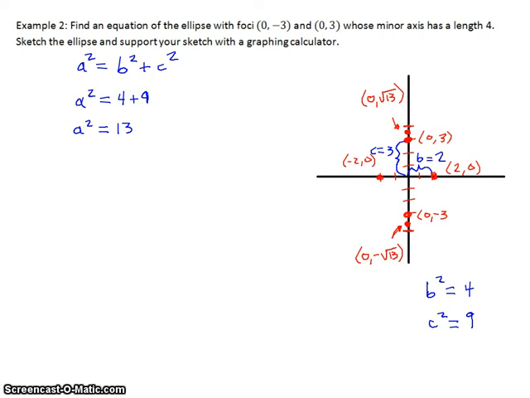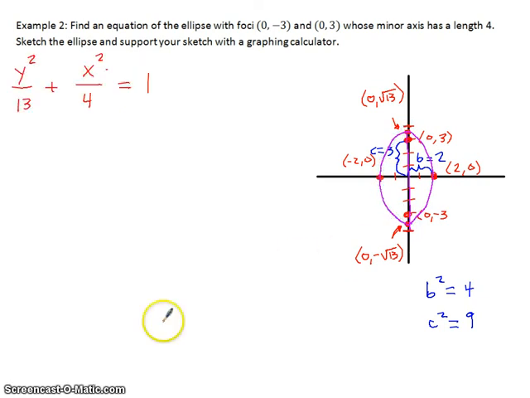One thing I forgot to mention is that the focus points and the vertices are located along the same axis. They are both on the major axis. Let's finish up our problem by making the graph. We also need to come up with the equation of the ellipse, which I have shown here.